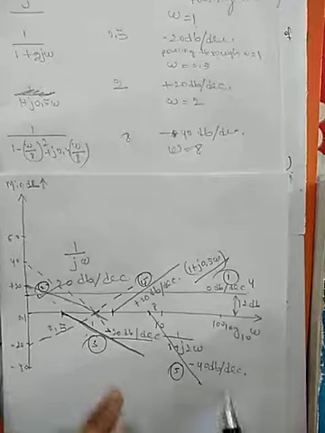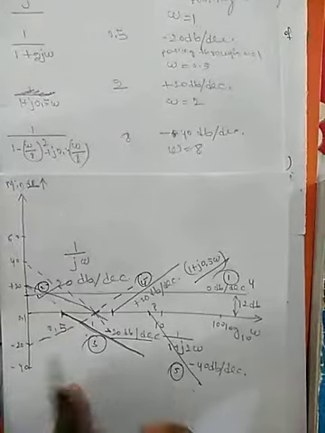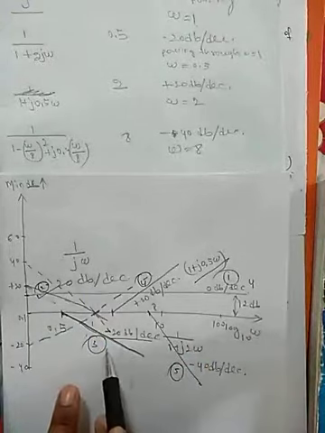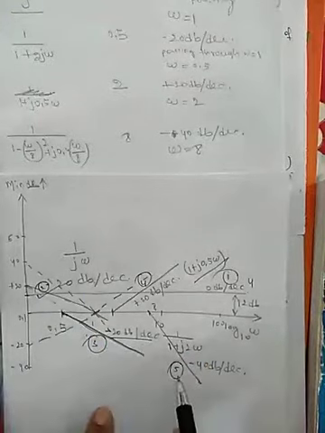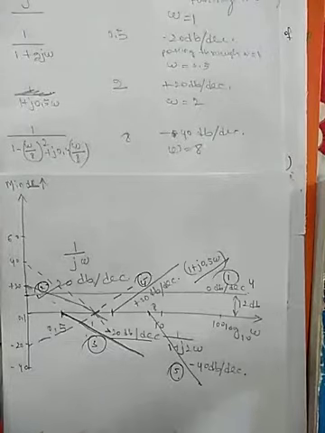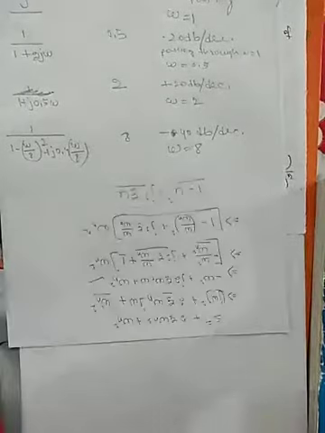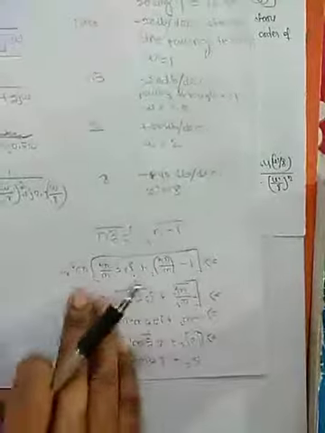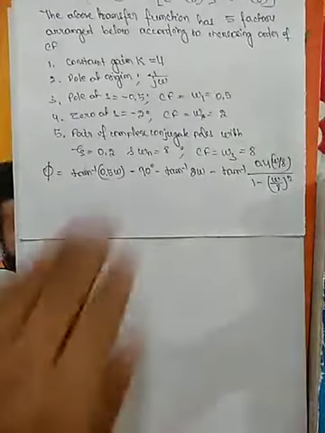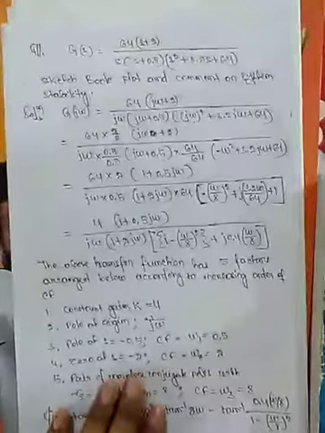Now you have to add all these. These are the different magnitude plots for all these 5 factors. Now you have to combine all of these. See, if you see a question, how do you know what is the initial slope for the given question?